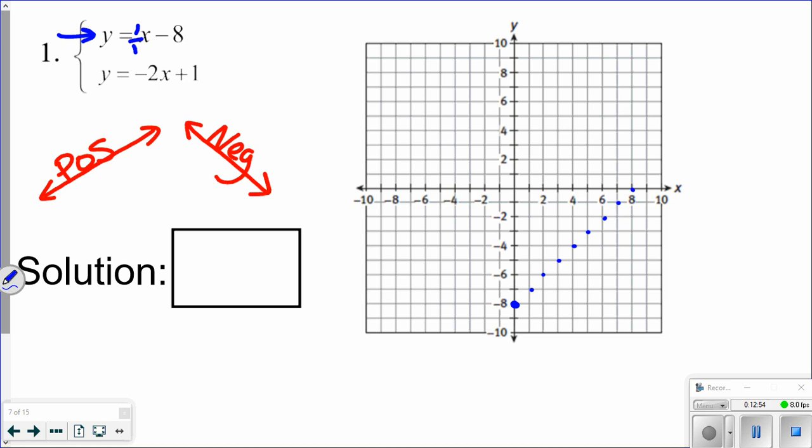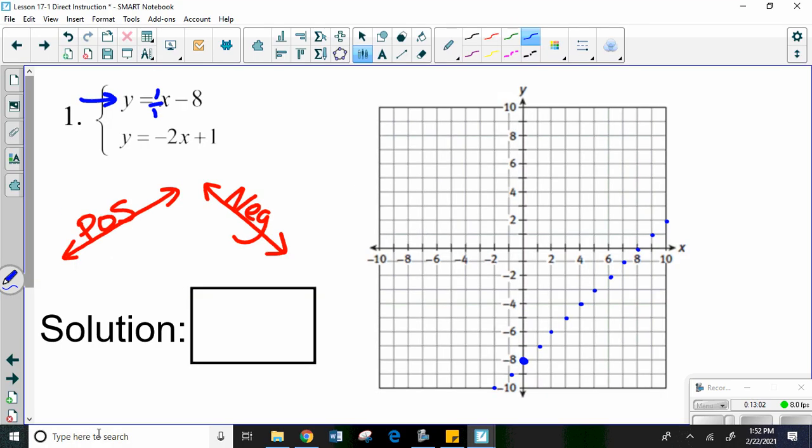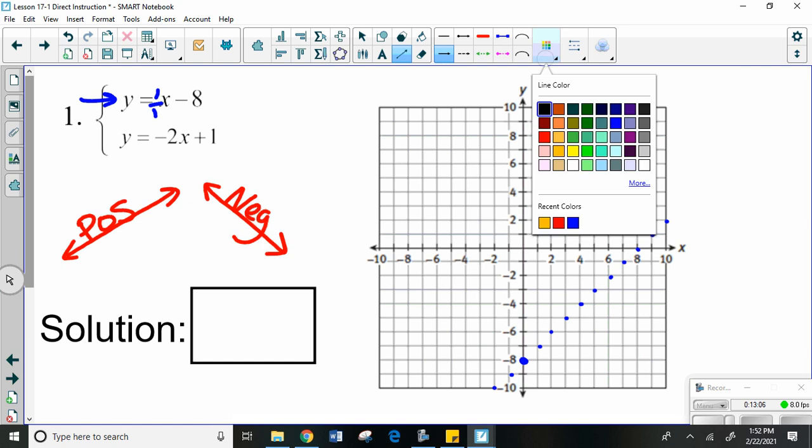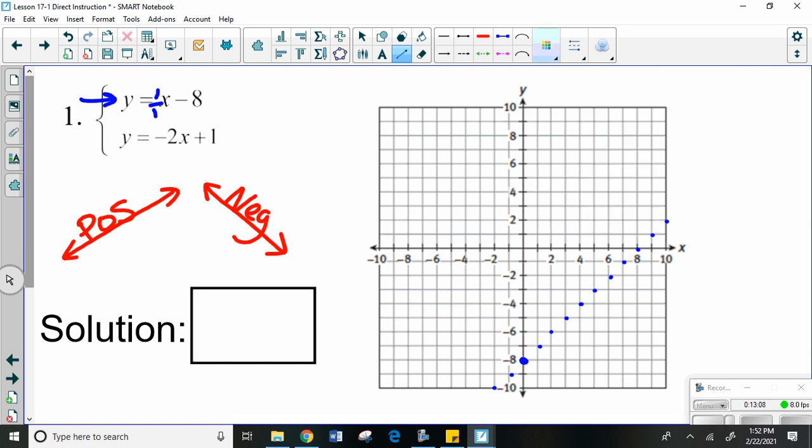I don't have to worry about solid versus dotted lines, and I don't have to worry about shading anymore. It's really important that you're using your ruler and making your lines straight so that we can see a good intersection point.